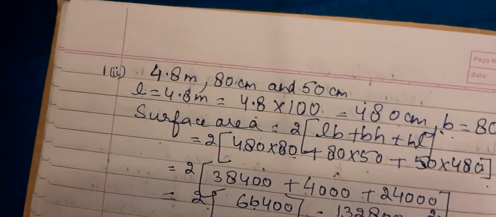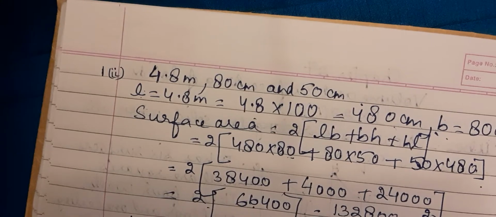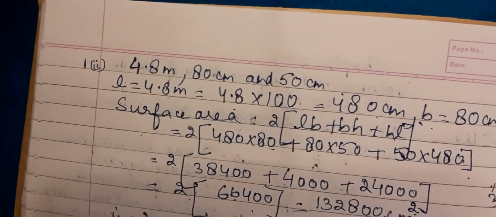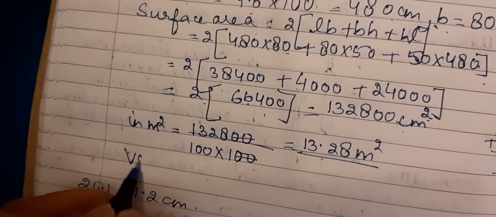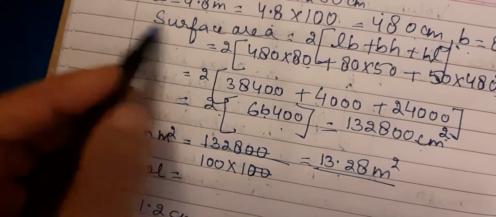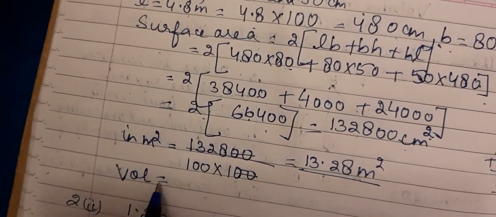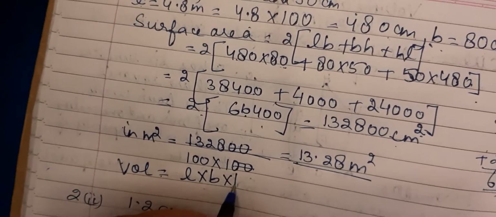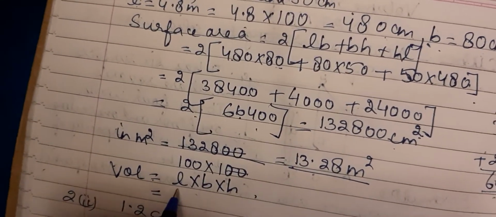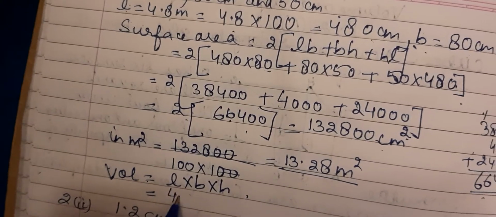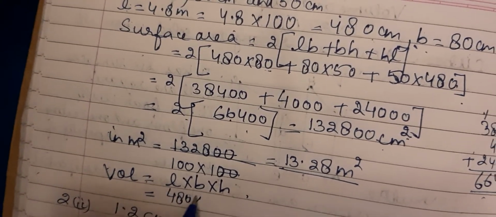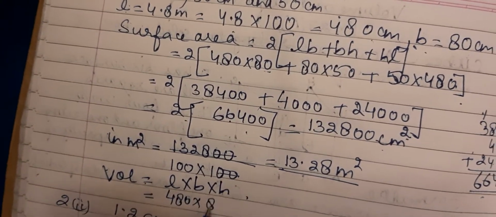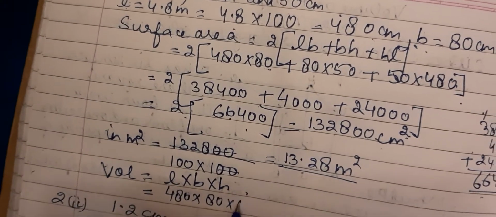So I have calculated the surface area. Now we are going to calculate the volume also. First you are going to write, because both the things you have to find, for volume, the formula, length into breadth into height. Then put its value. Length was 480, breadth is 80, height is 50.